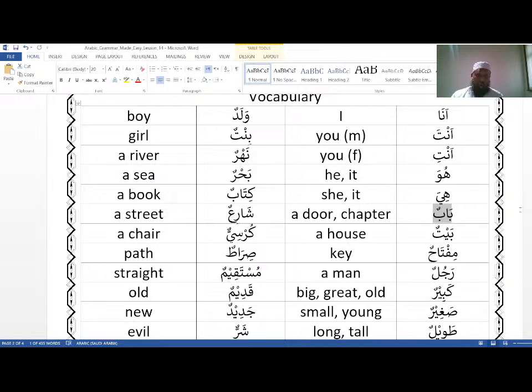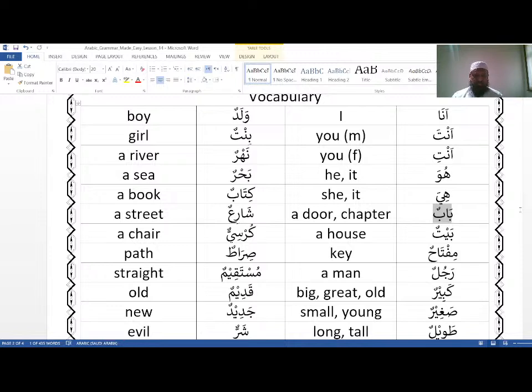Waladun, boy, by definition is mudhakkar. Bintun, by definition is muannas, girl. Nahrun, a river. Can we make this into muannas ism? No, because there is no opposite of nahrun. Bahrun, mudhakkar.